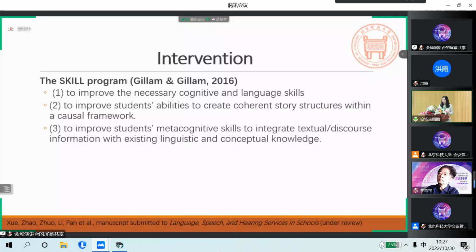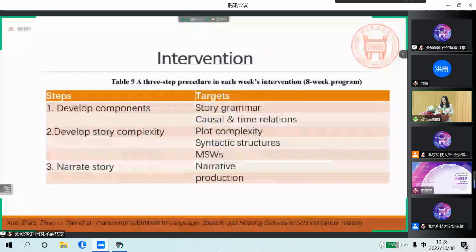The program aimed to improve the necessary cognitive language skills that might help children recall information in narratives, to improve children's ability to create coherent story structures within a causal framework, and third, to improve students' metacognitive skill to integrate textual and discourse information with existing linguistic and conceptual knowledge.